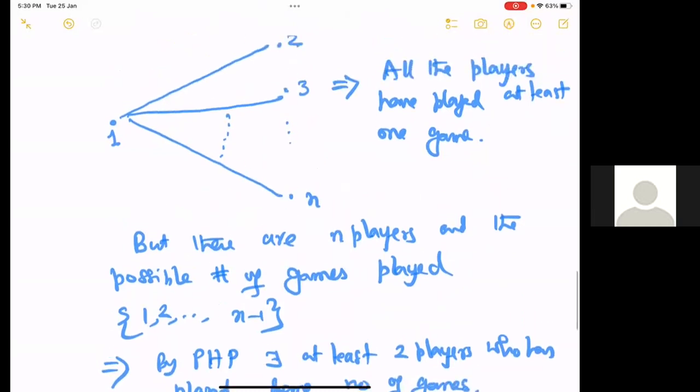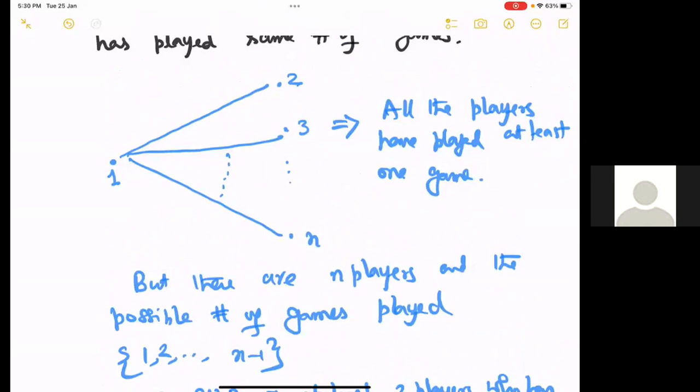And if this case is not true, suppose there does not exist one player who played with all the n minus 1. So can someone quickly say what shall I do for that? So the number of games played could be between 0 and n-2. Right, exactly. Good. So then you just repeat the same argument, right?